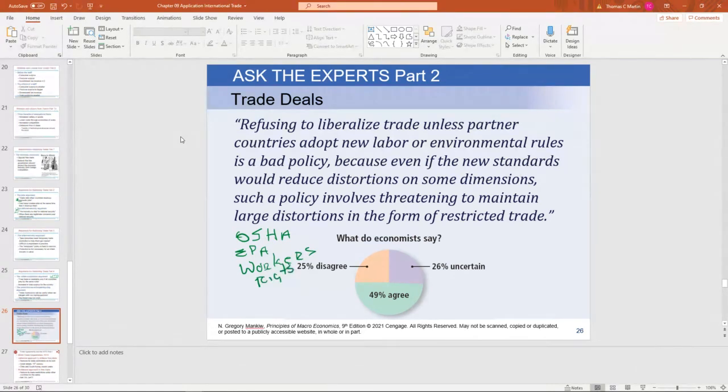All the labor law, they wanted all this to take place when they were negotiating with Canada and Mexico.